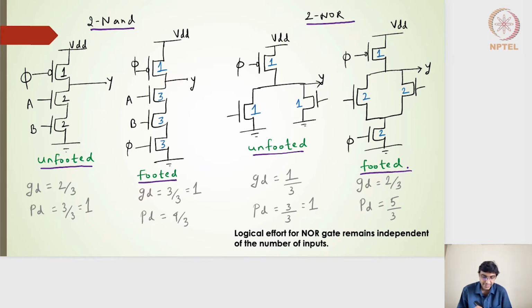Two input NAND gates for an unfooted dynamic circuit is shown here with a clock PMOS transistor and the size of 1 here, and then the A and B inputs are connected to the NMOS transistors here with a size of 2. There is no foot gate or there is no foot transistor.